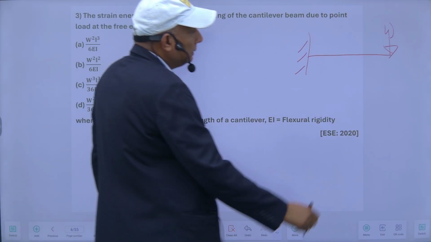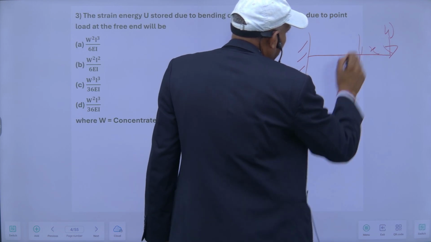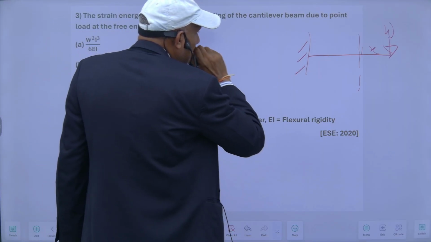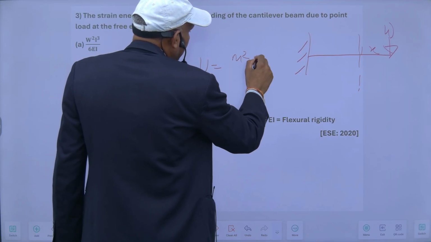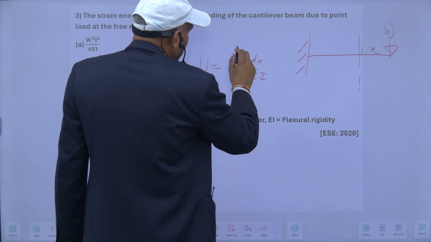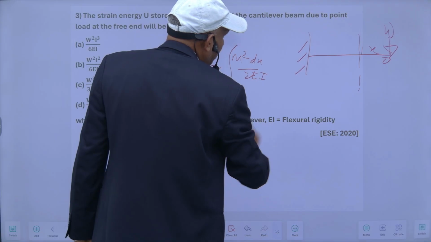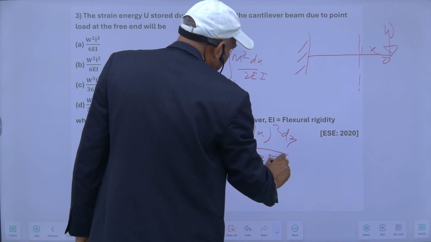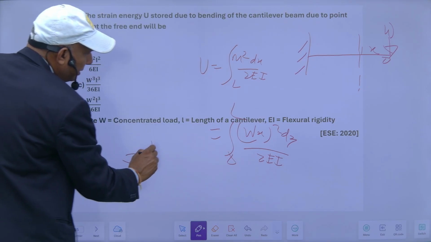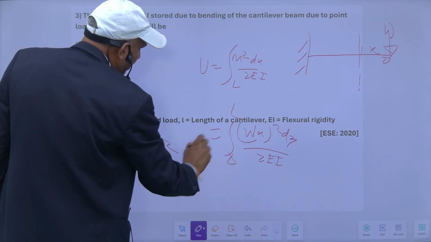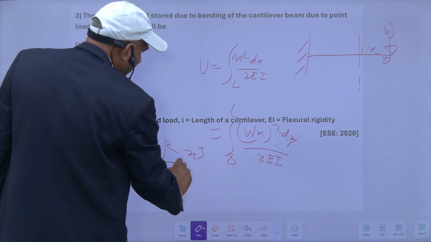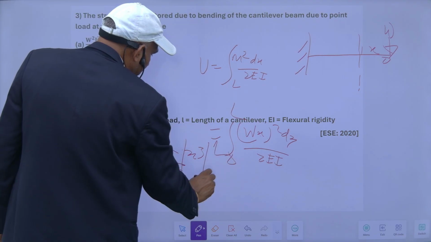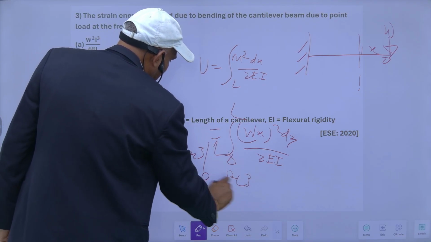Strain energy here is equal to the integral of M squared dx upon 2EI, from 0 to L. M is Wx, so it is W squared x squared dx upon 2EI, integrated from 0 to L. It becomes W squared x cube upon 3 into 2EI, that is 6EI, from 0 to L. Then it becomes W squared L cube upon 6EI.